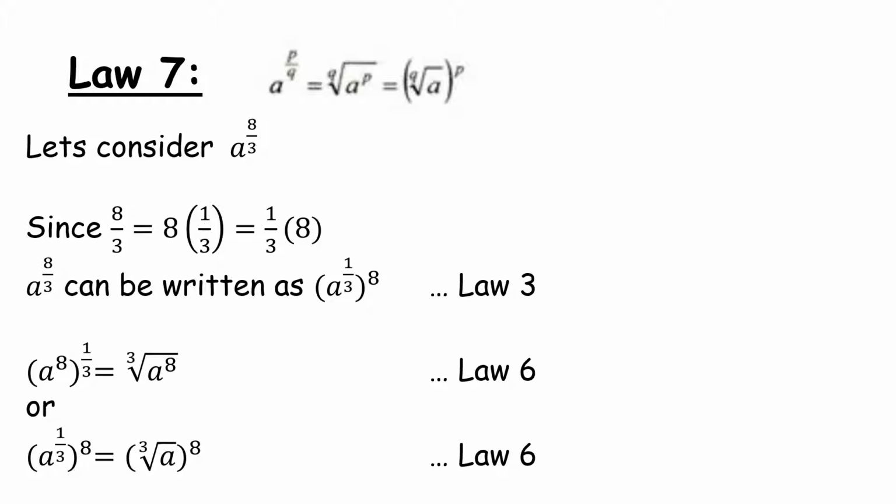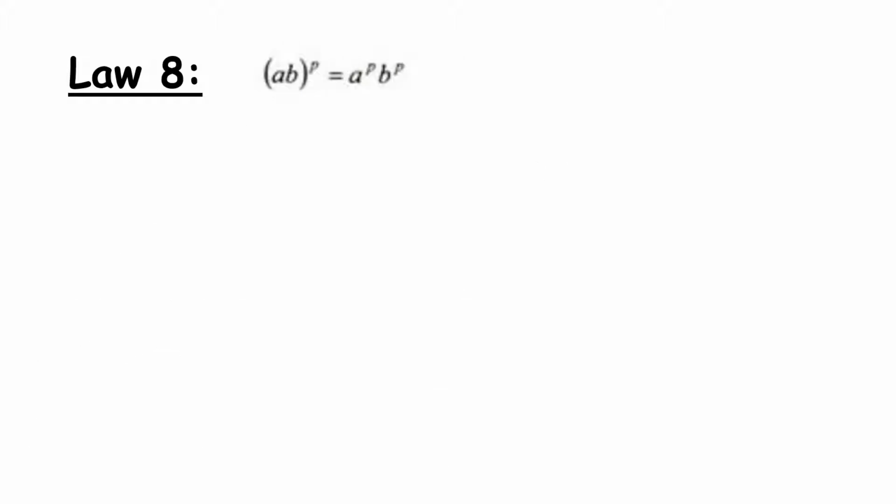So we can see how both of these versions we can get to by using Law 6, and it just depends which we do first. And like I said, order does not matter. So therefore, a to the power of 8 over 3 is equal to either the cubed root of a to the power of 8 or the cubed root of a all to the power of 8.